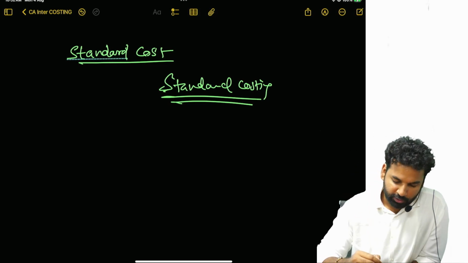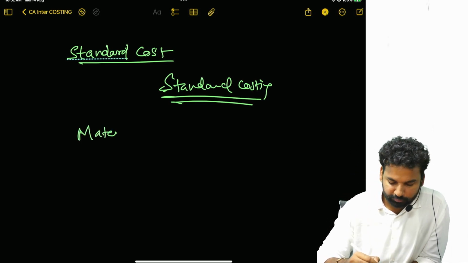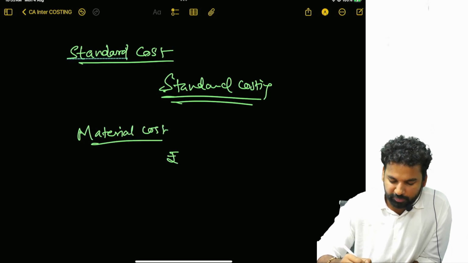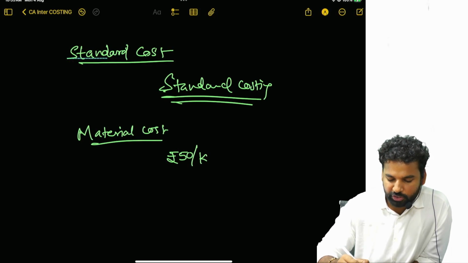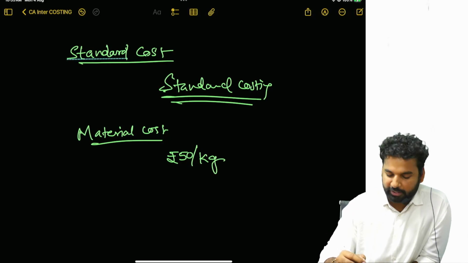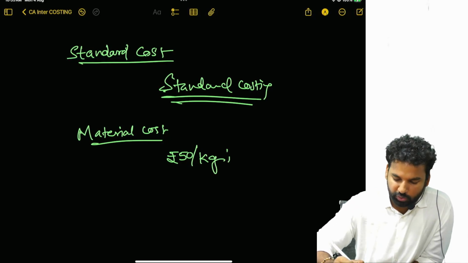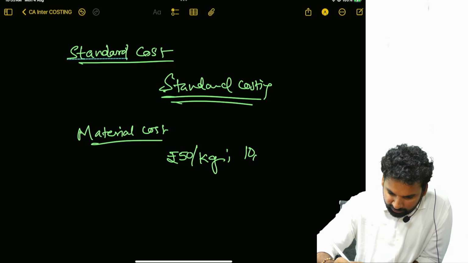Let's say material cost is there. So you want to purchase the material at rupees 50 per kg. Okay, and you want to produce 10,000 units.